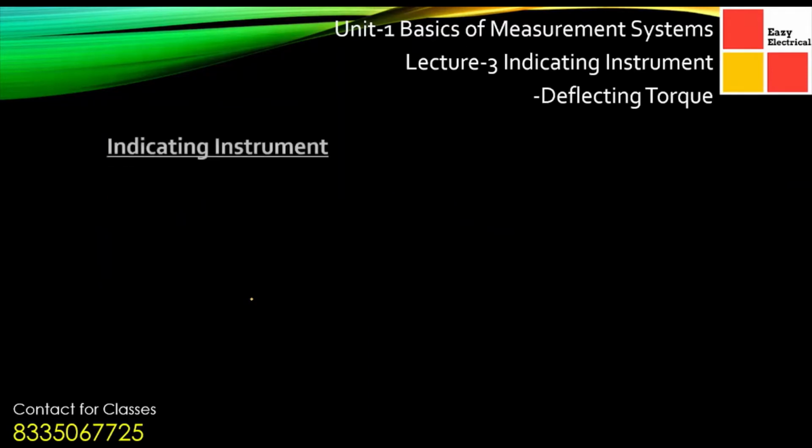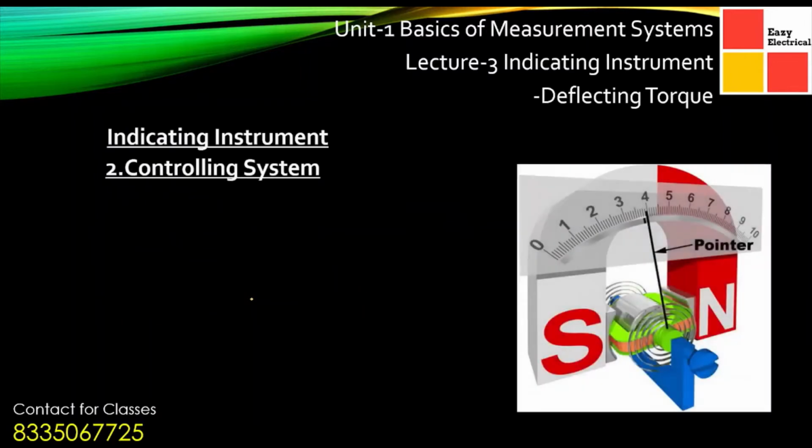Now coming to the next part, that is our controlling system. As you all know, if we only have TD, we cannot get any desired result. That means only TD will not give the desired result, so we need a balancing act.